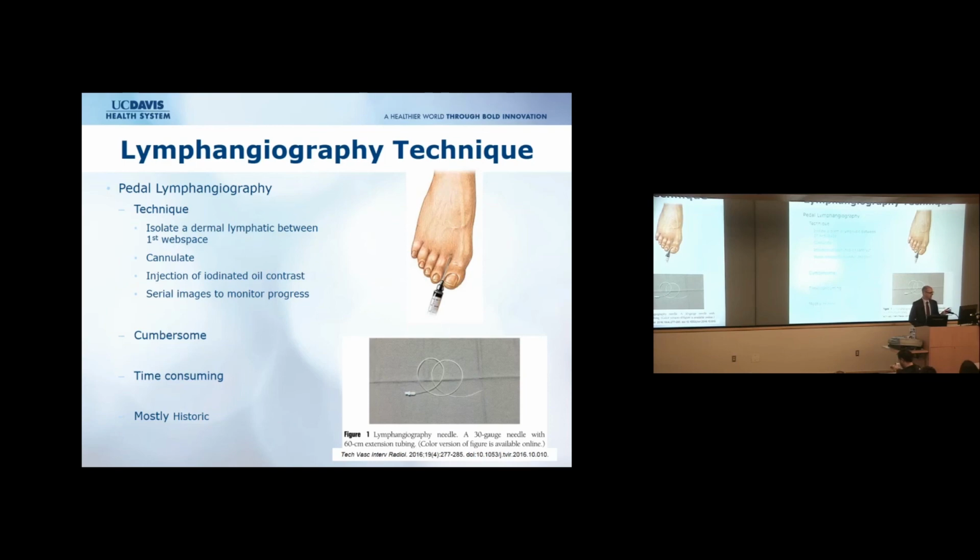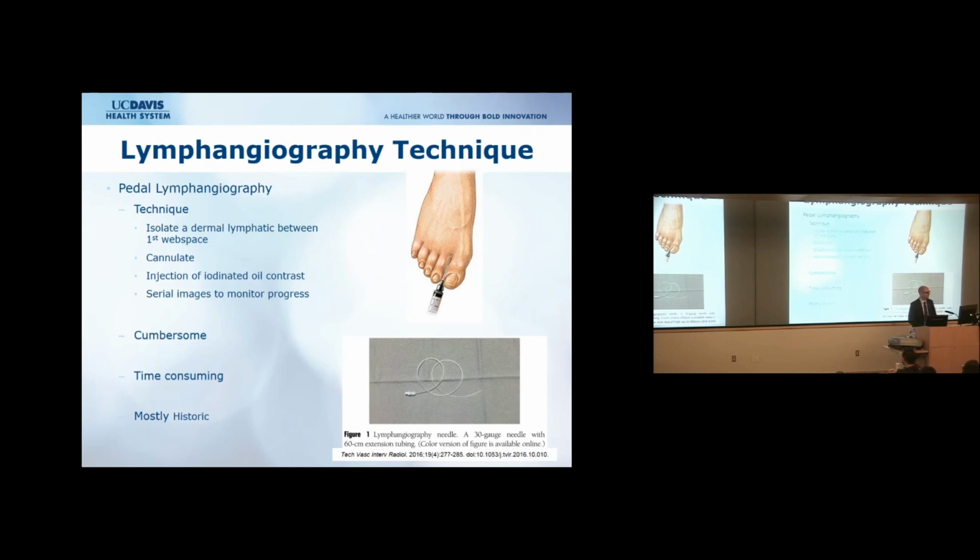So historically, the technique was as follows. The interventionist would make an incision between the first web space down in the lower extremity, between the first and second toe, find a dermal lymphatic, which was difficult. They often had to use loops, and it was difficult to do.